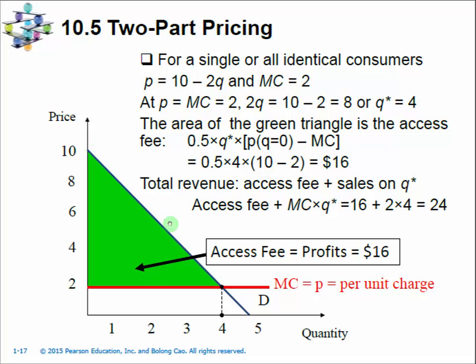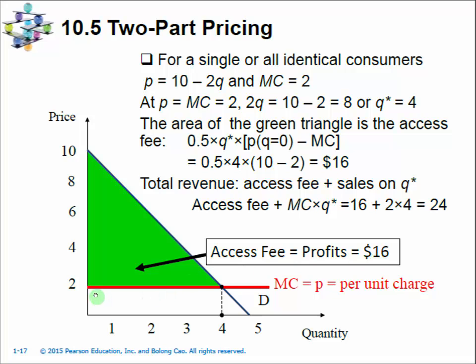To get the area of the green triangle, we need to divide the base times the height by 2. So the base is 4, height is 8. 32 divided by 2 will be $16. So the excess fee the firm with market power is going to charge will be $16.